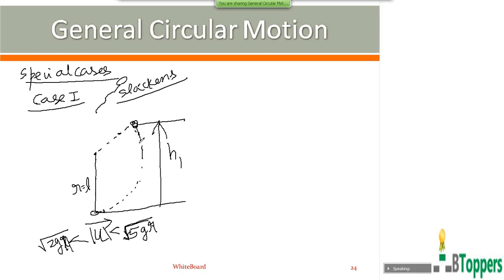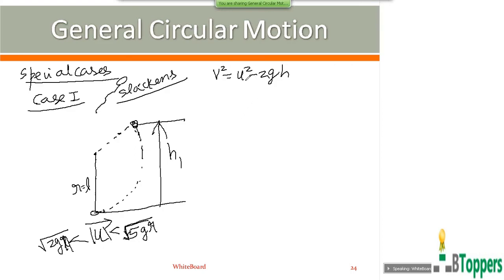So applying the conservation of energy in general, as I told you, if U is the magnitude of the initial velocity given to the bob at the lowest position and V is the magnitude of velocity at a height h above the lowest position, then you can write V square equal to U square minus 2gh from conservation of energy.